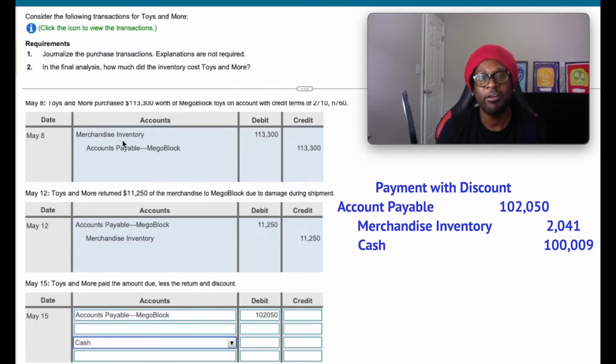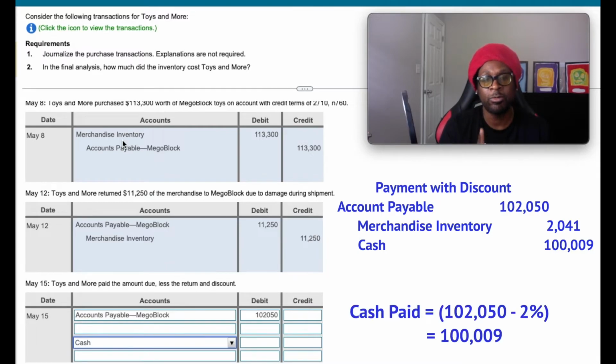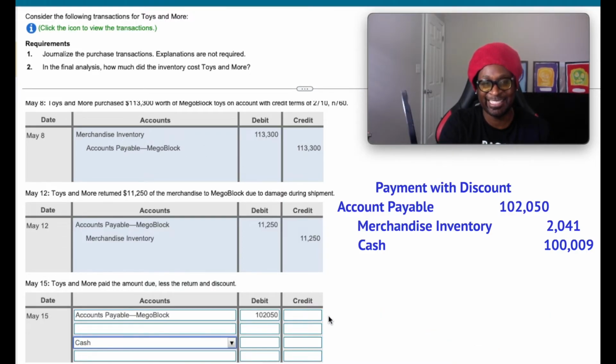We already know, gang, that our calculation for the cash amount within a discount term will equal $102,050 minus 2%, or $102,050 times 0.98. Either way, that's going to get you the same exact answer, and we know that to be $100,009. Now, clearly we know, gang, we're not finished with the journal entry because our debits and credits aren't equal yet.